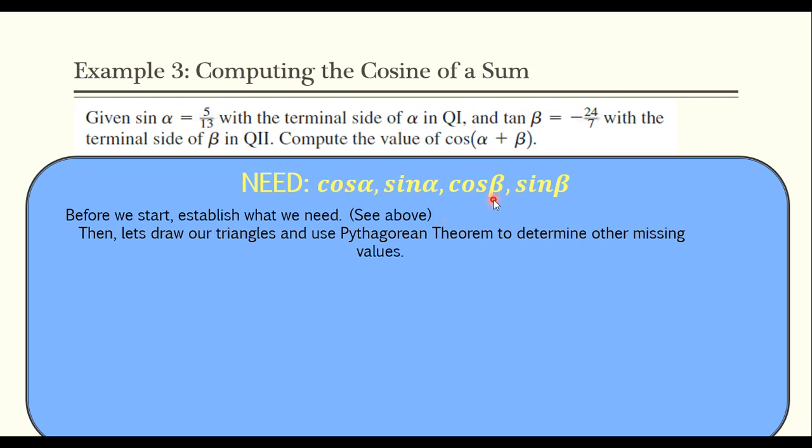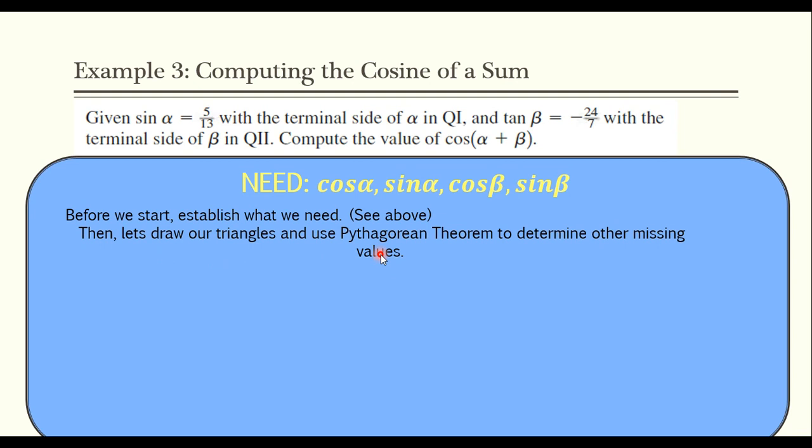Maybe I don't even need alpha or beta directly as I can use the ratios, but I need to draw our triangles. I have sine alpha, but I don't have cosine of alpha. I can get that from this triangle. I have tangent beta, but I need cosine and sine, so I really need to draw this triangle. So let's draw our triangles just like we started off at the beginning of this unit.